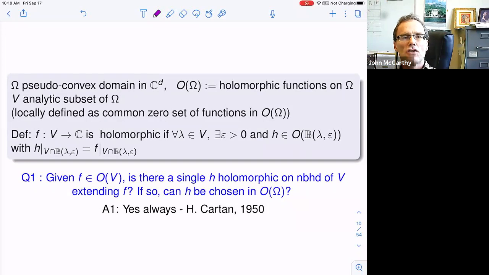So I said omega was pseudo-convex. That just means it's a domain of holomorphy. And Cartan showed you can always extend functions that are locally holomorphic on some analytic subset to the whole set. This is quite a hard theorem to prove.